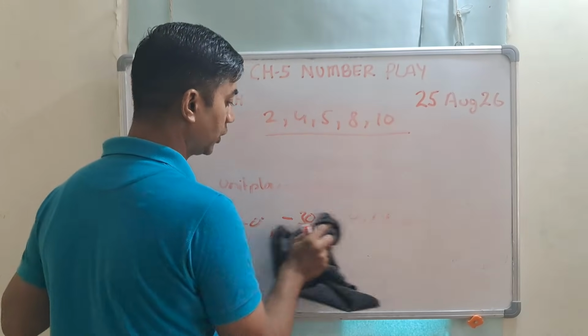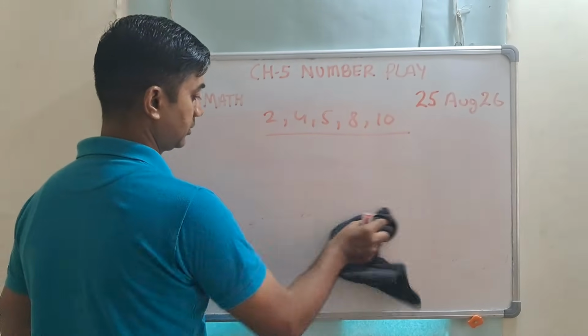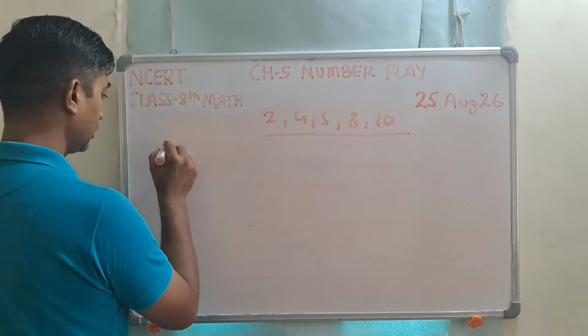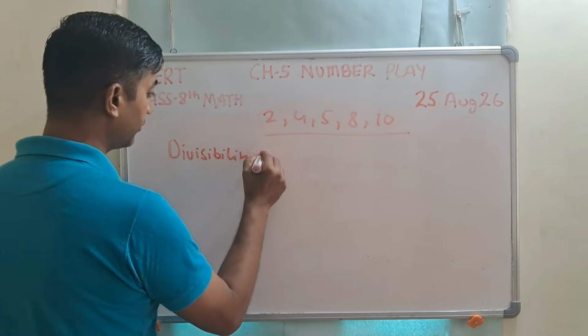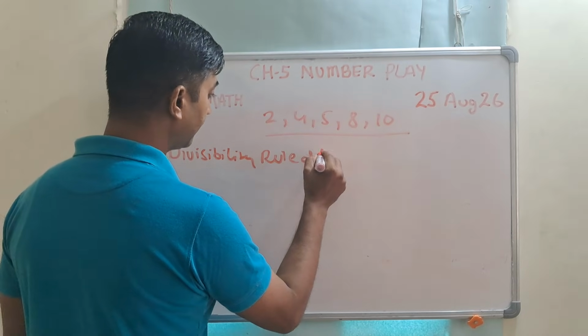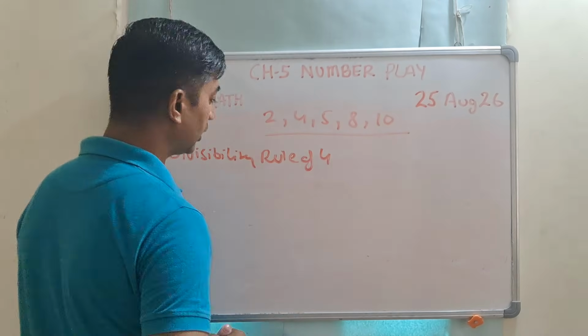What about 4? Divisibility rule of 4. What is the divisibility rule of 4?